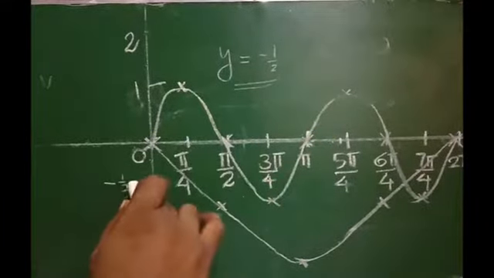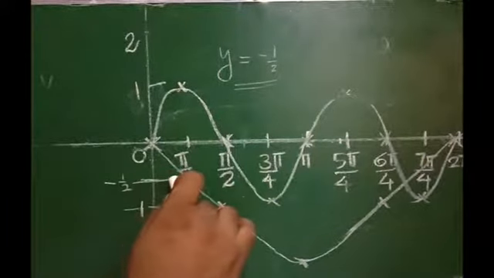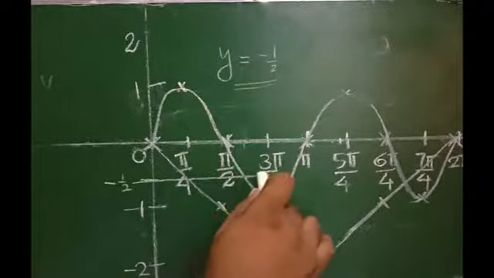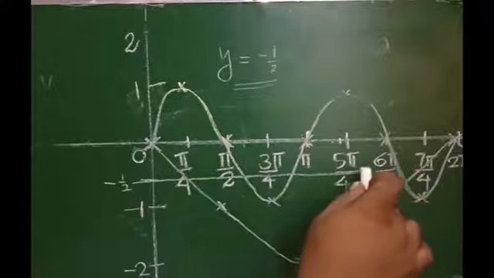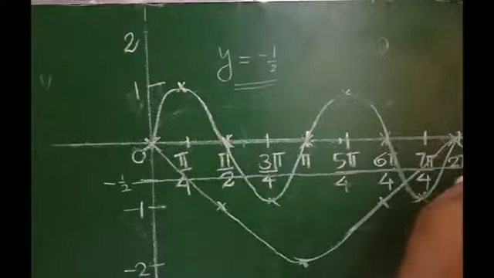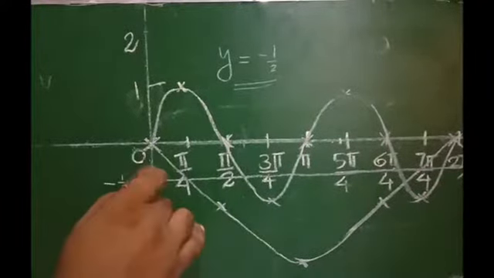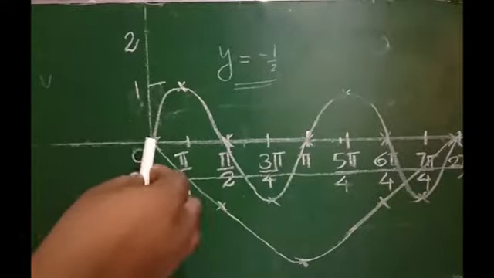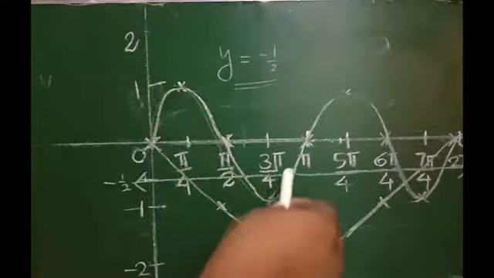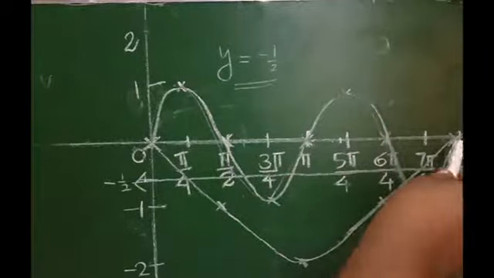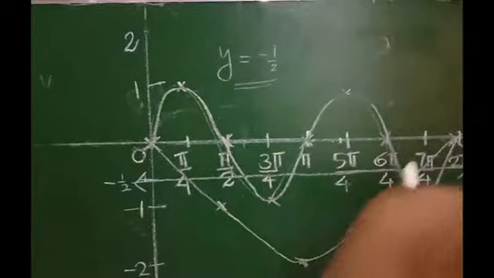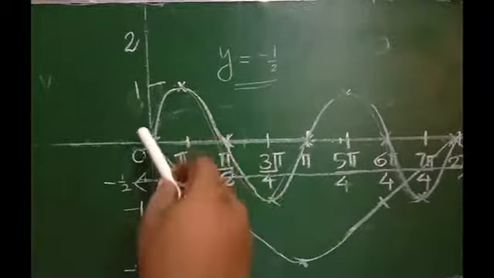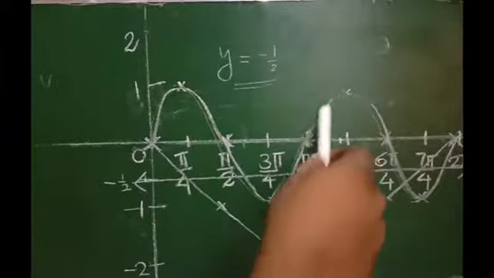So through minus half, draw a straight line. Okay, you can find out where this straight line meets y is equal to sine 2x. Don't take this other graph. You have to take only y is equal to sine 2x.